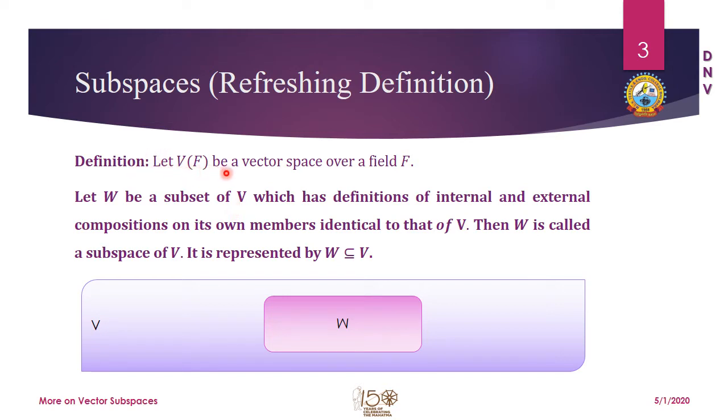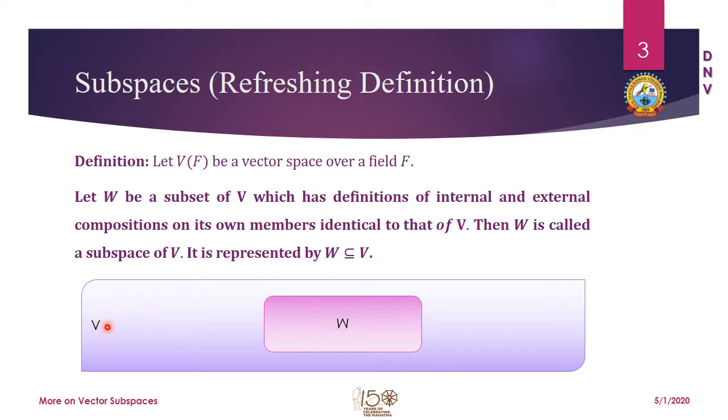If V(F) is a vector space over a field F, then a set W satisfying all the 9 axioms under the internal and external compositions which the elements of V satisfy, we call this W a vector subspace of V. It is denoted by W subspace of V. This picture shows that V is a large space of vectors and W is a space comprised of some of the elements taken from the larger space.